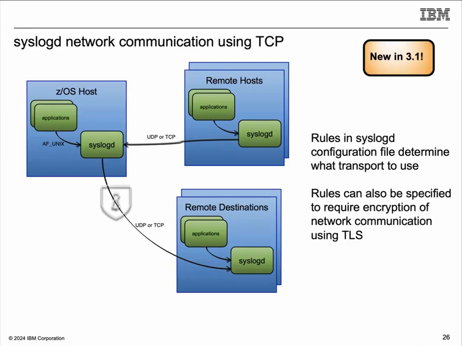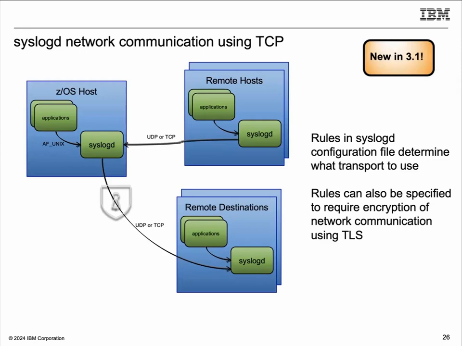In addition, you can configure it to require encryption of the traffic between the syslogd running on each of these systems. On the zOS side, we rely on AT-TLS for it. On the remote destinations, if they're non-zOS, they would have their own native implementation of TLS.